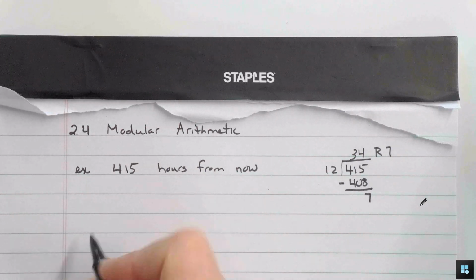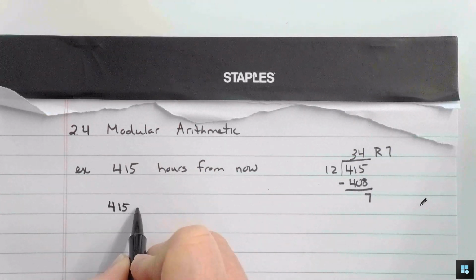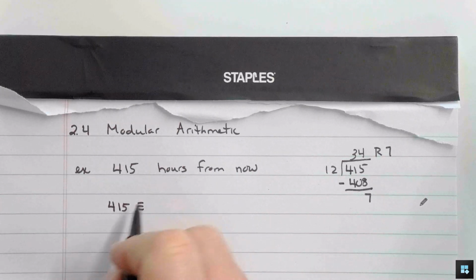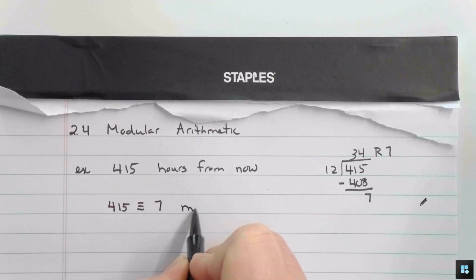Well, what we say in math is that 415 is equivalent to, and we use the 3 bars to mean that it's not equal, but it's equivalent to, 7 mod 12.